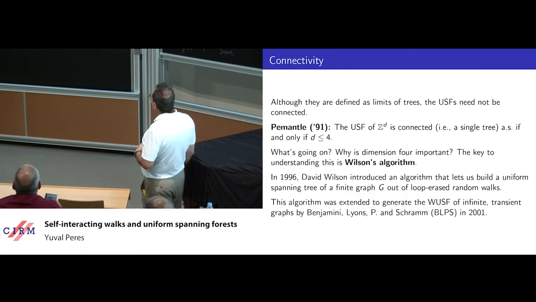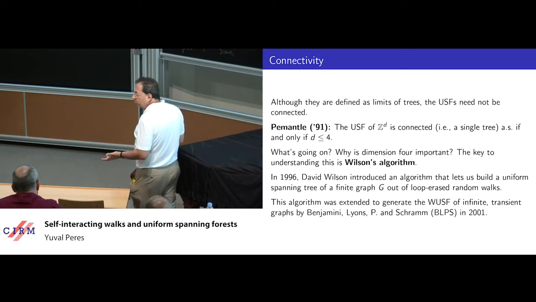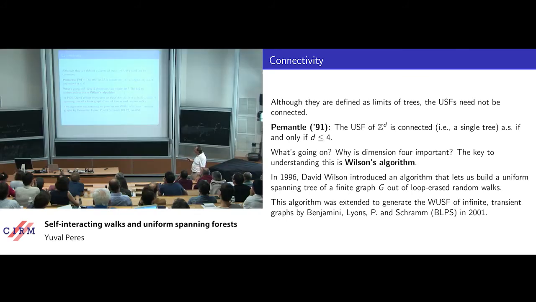So the USF, although it's a limit of trees, need not be connected. What Pemantle showed is that it's connected if and only if the dimension is at most 4. So if you're working in Z^d, up to 4 it's connected, and higher it's not. When Robin proved this, this was before Wilson's algorithm, so he had to work a little harder.